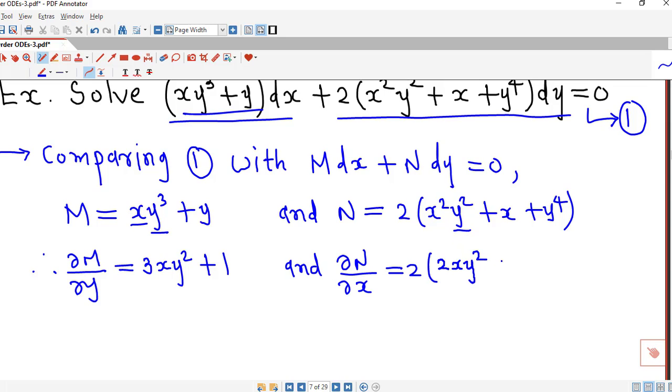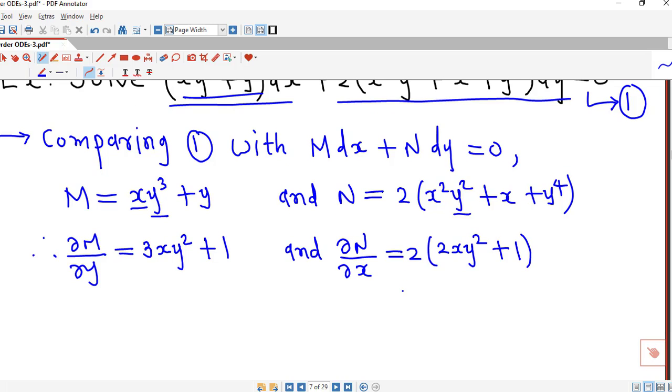So it is 2xy square plus the derivative of x, which is 1, and the derivative of y raised to 4 with respect to x is 0. We can see both are different. If we multiply by 2, we have 4xy square plus 2, and here we have 3xy square plus 1.